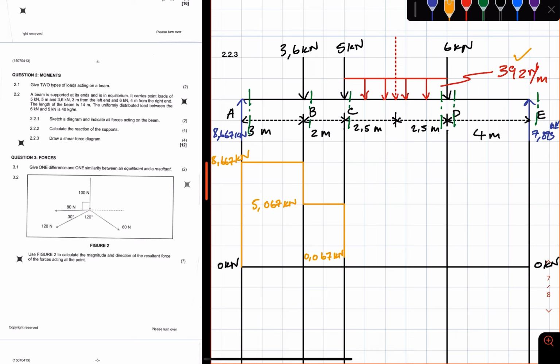So we are going to say 0,067 minus the 1,96, right? And what do you get? We get minus 1,893 kilonewtons.